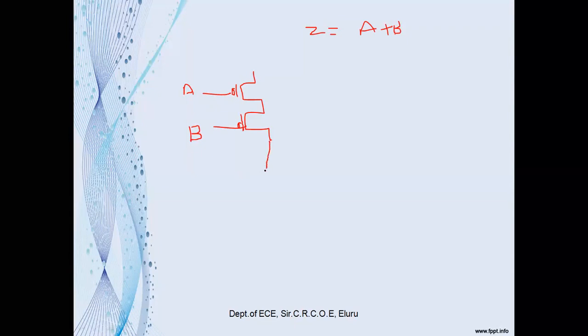And how about the NMOS network here, the pull down network? They are connected in parallel here.